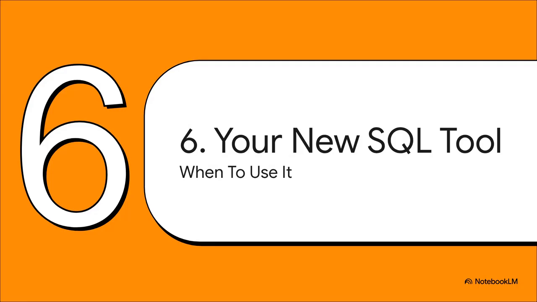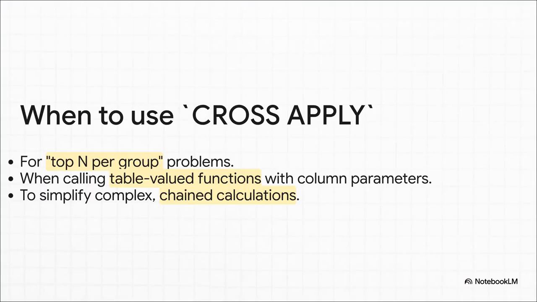All right, we've seen the why, we've seen the how. Let's distill all of this down into a clear, simple guide for when you should reach for this awesome new tool. Here's your checklist. From now on, whenever you have a top-N per group problem, your first thought should be cross-apply. When you need to call a table-valued function and pass in a column parameter, well, it's your only option.